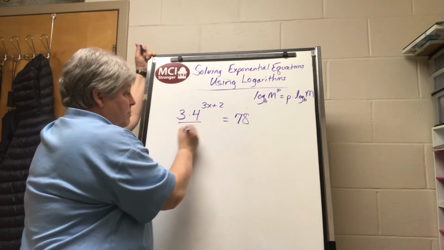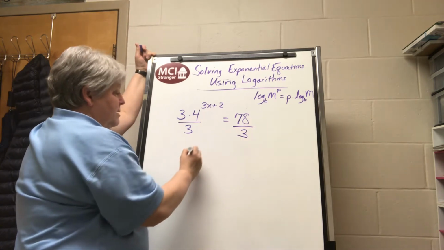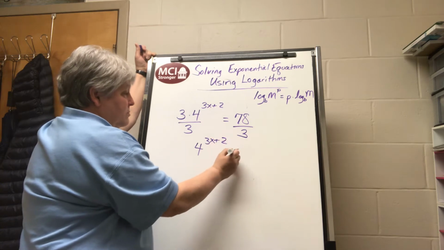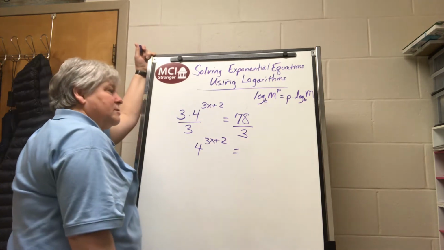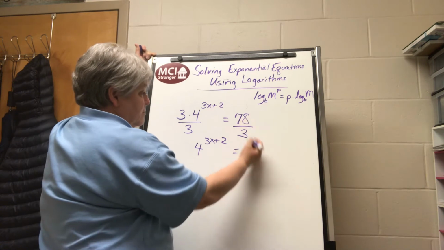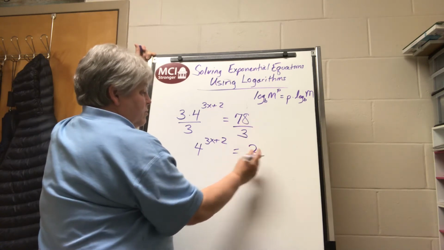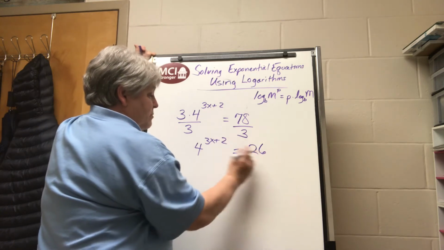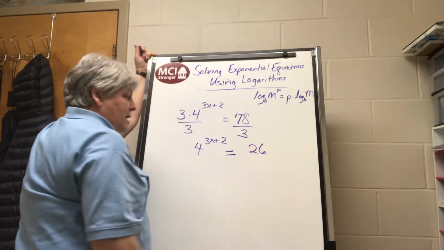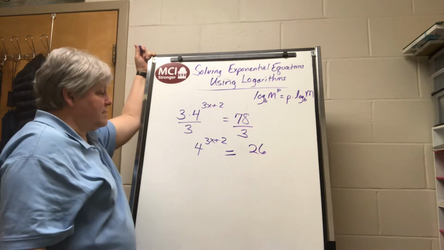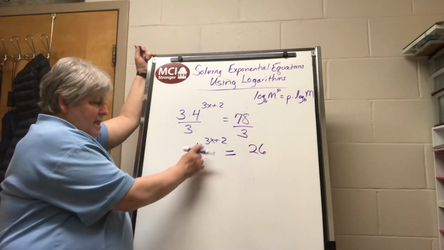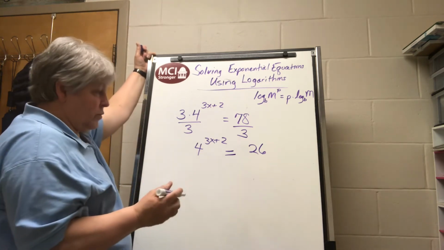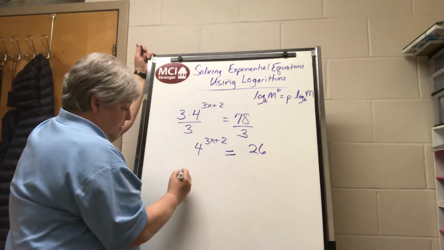So we'll divide by 3 on both sides. 4 to the 3x plus 2 is equal to, and 3 goes in there, actually that goes in evenly. 3 goes into 7 twice with 1 remaining, and then 18. 3 goes in there 6 times, so that actually came out to a nice tidy little 26. Now we've got the base and its power isolated. Now we take the log of both sides. So I take the log over here.